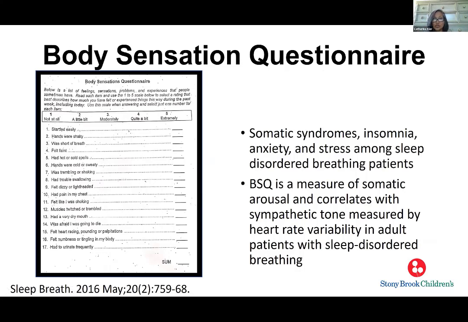The questions are like, are your hands shaky? Do you feel faint? Do you have cold spells? Somatic syndromes, insomnia, anxiety, and stress are really common among sleep disordered patients. So this is a very simple tool, but it measures somatic arousals and correlates to your sympathetic tone.